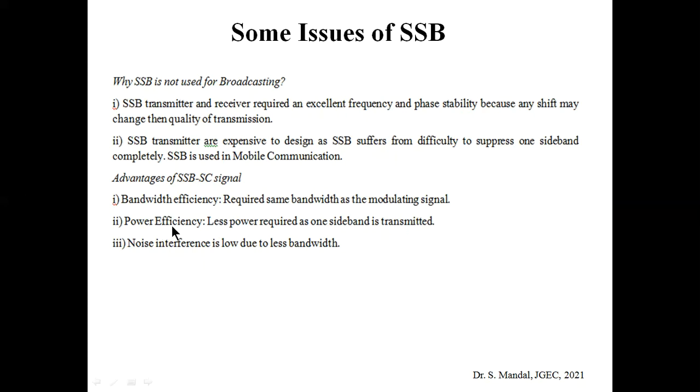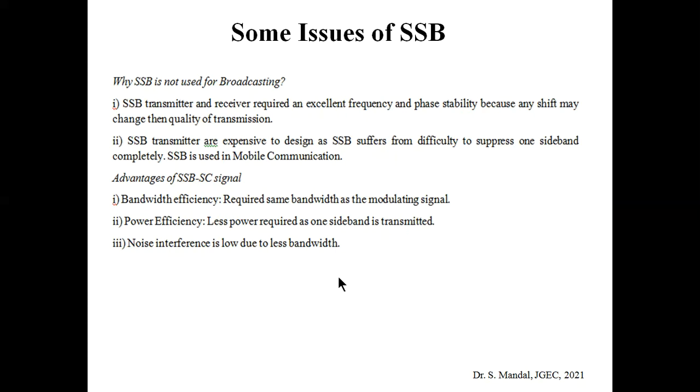Power efficiency: as we are sending only one sideband, the required power is less compared to the DSB. And noise interference: as the bandwidth is less compared to the DSB, noise interference will be less compared to the DSB also.